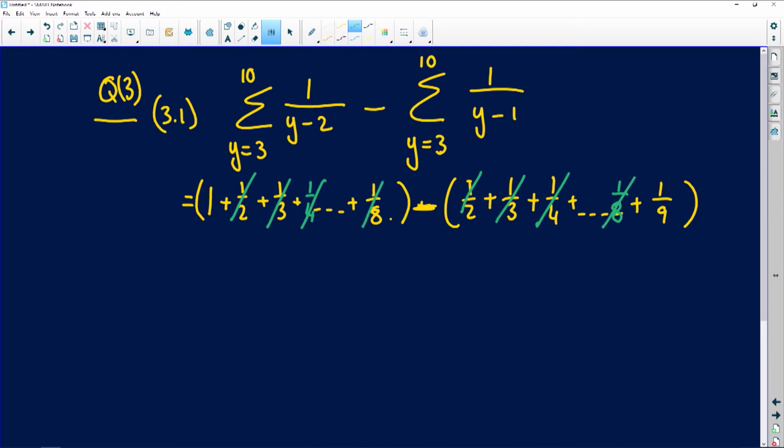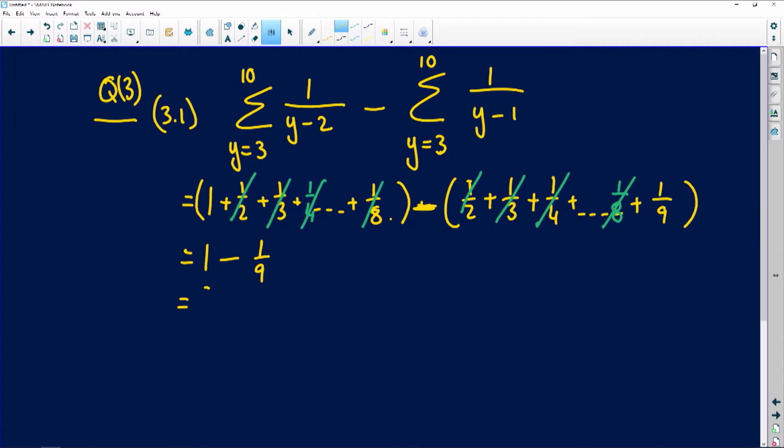And what am I left with? Look at the poetry here. I'm left with 1 minus a ninth. I didn't touch a calculator. And that was the beauty of this question, to keep it separate so you can see how things cancel one another out at the end of the day. So here we have 8 over 9 as our answer for those two sums subtracted from one another.